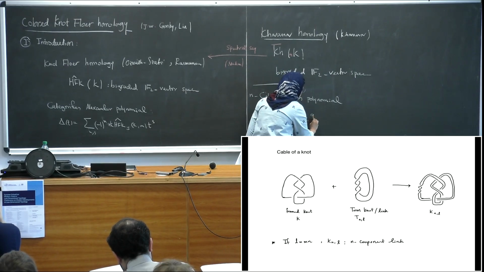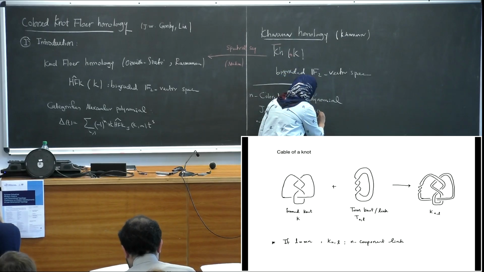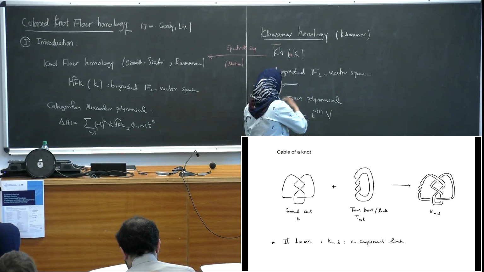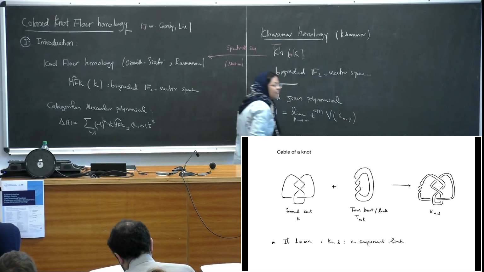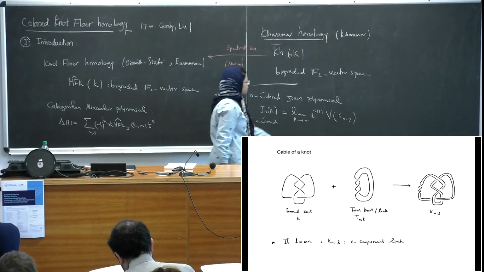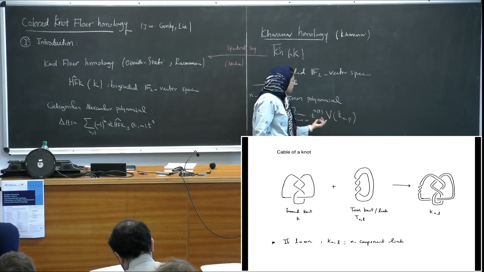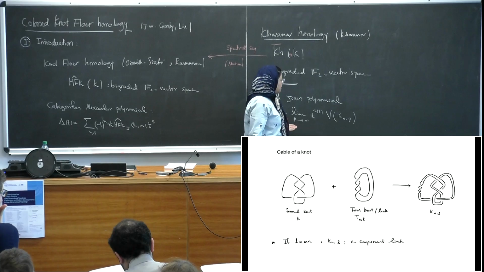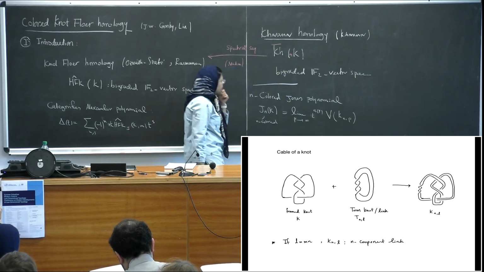Sorry, I had Q, and then I realized I wrote everything as P. This is the Jones polynomial of this cable, and then let's say you change its second grading, the quantum grading, by some factor T, and then you keep twisting and take the limit as p goes to infinity.